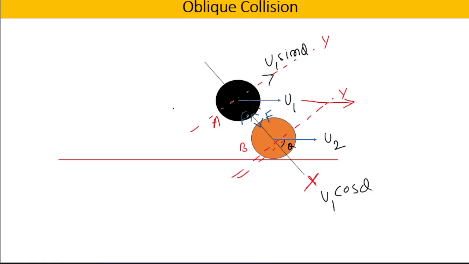So आप clearly देख रहे हो force is acting along the line of impact and y axis is perpendicular to it. So there is no component of force along the y axis, and since there is no force acting along the y axis, whatever component of velocity A has in the direction of y axis will remain unchanged. है ना? ये तो unchanged रहने वाला है. क्लियर है. And which is going to change?